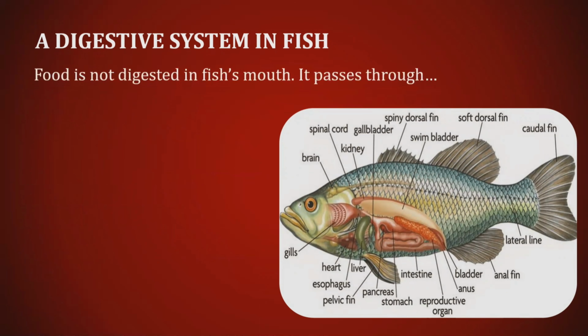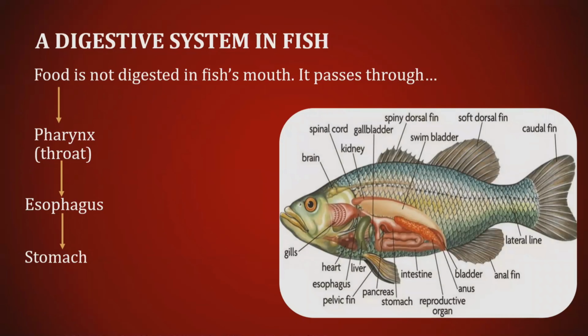Food is not digested in a fish's mouth. It passes from the mouth to the pharynx or throat, and then the esophagus, and then the stomach.